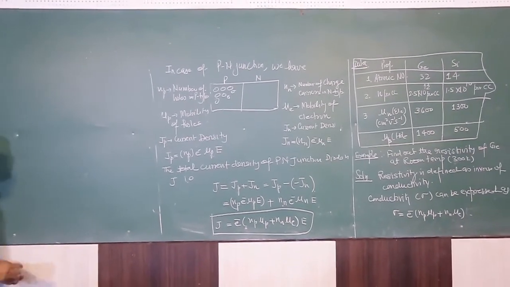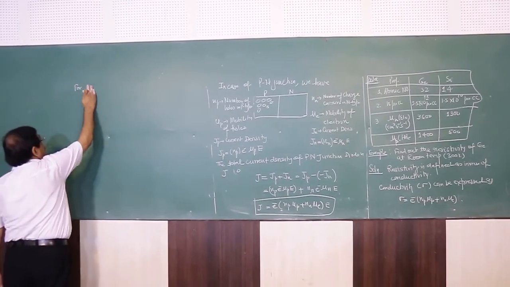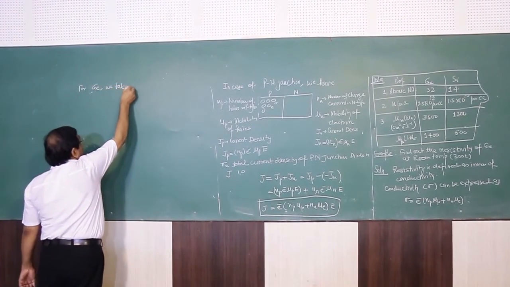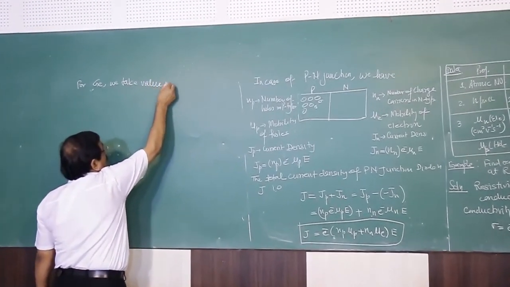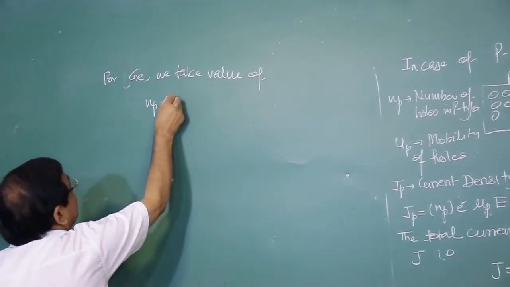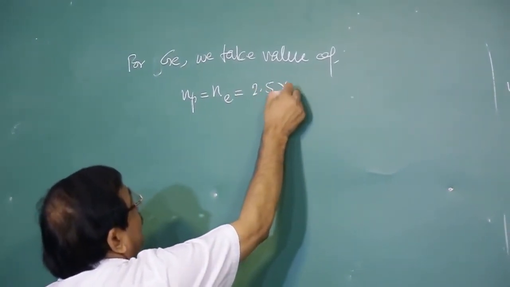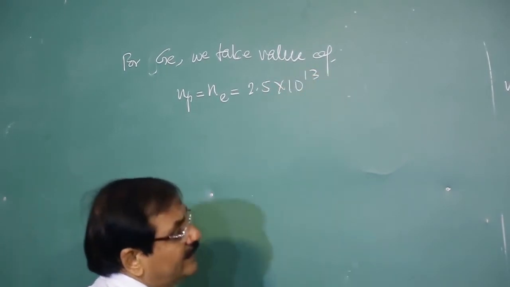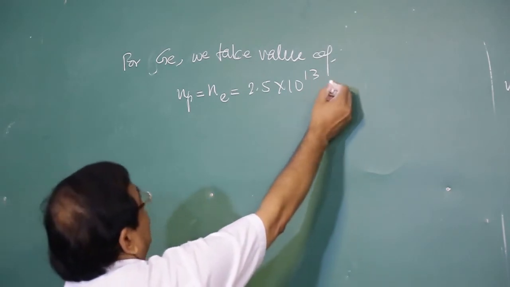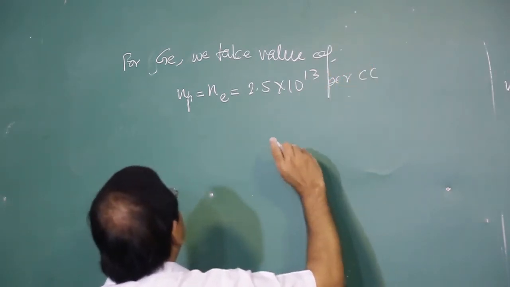For germanium, we take the value of Np equal to Ne equal to 2.5 into 10 to the power 13 per cc.